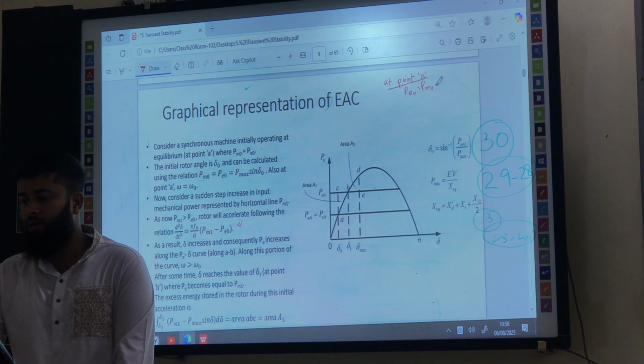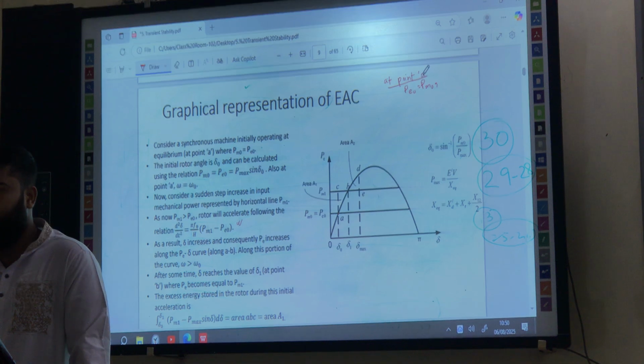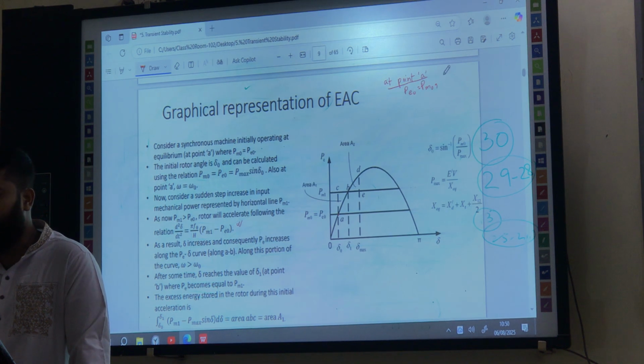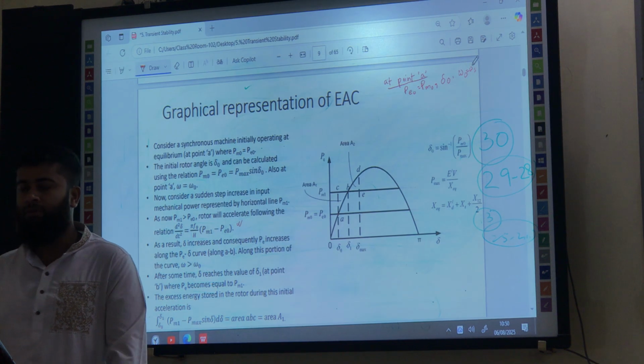Whatever rotor angle we got at point A, we termed it delta naught, and the speed of the rotor was termed omega naught. Obviously this omega naught is the synchronous speed, so it should be equal to omega s.